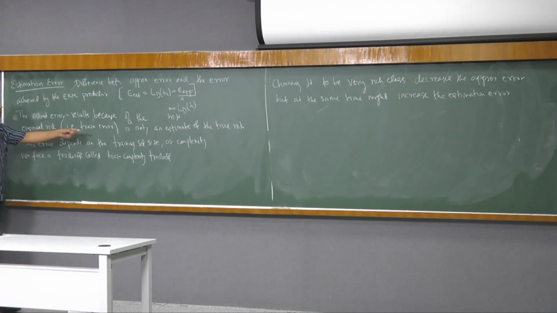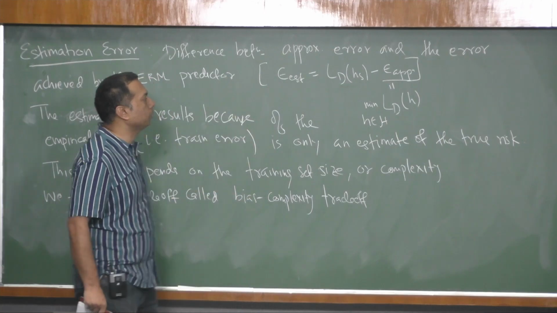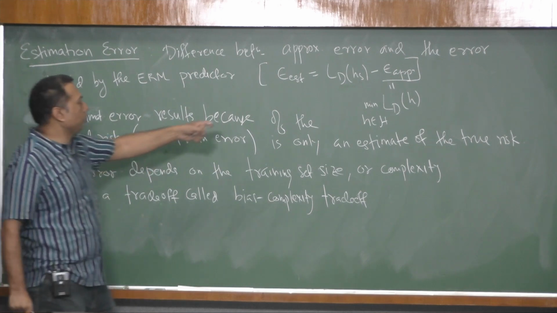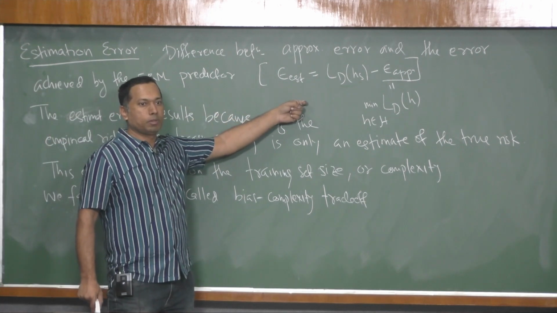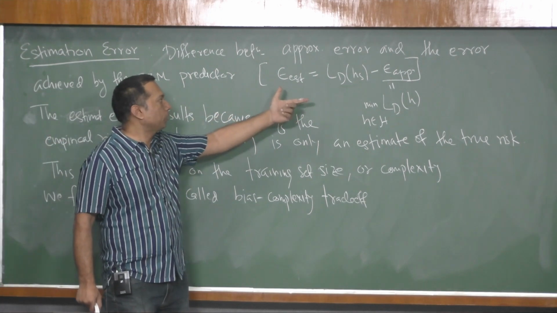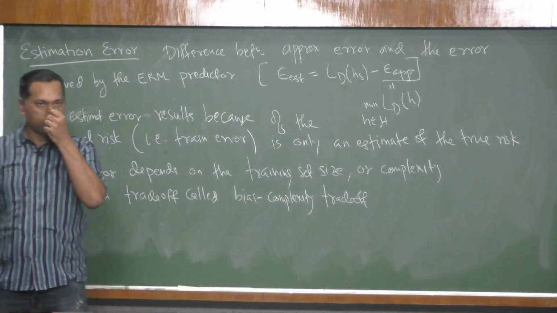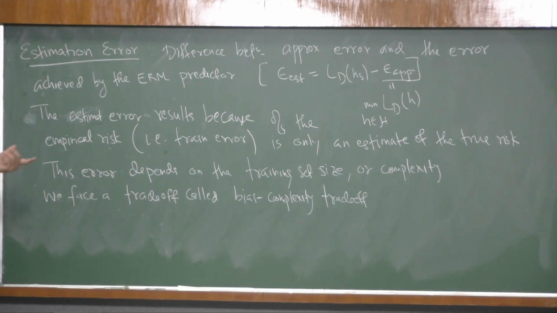Even though I may be having less error here, my approximation error will be big. Why could we be making less error here? Let us say in the very boundary case H has just one function.